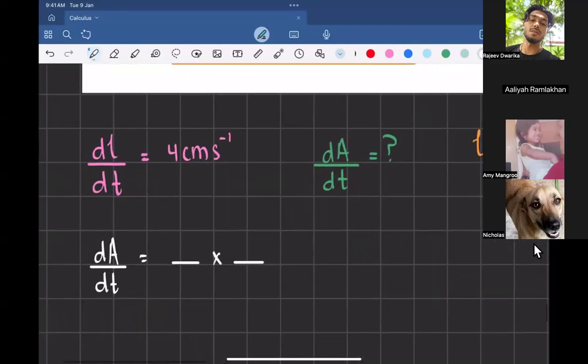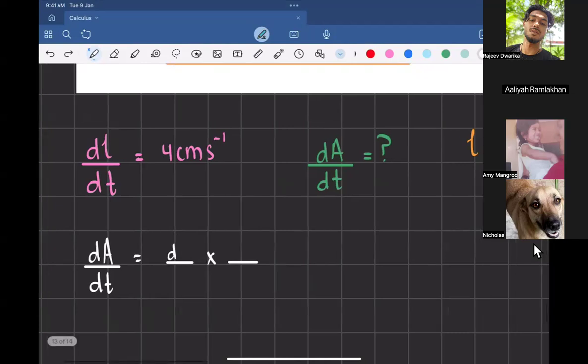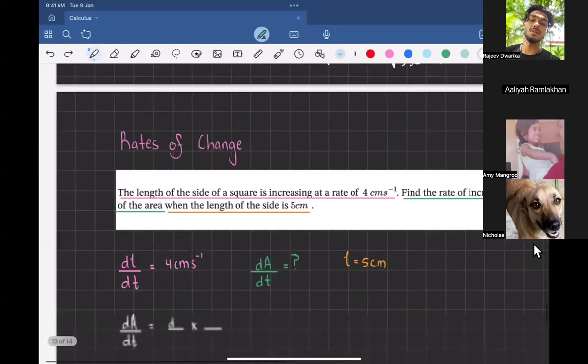If you wanted to get dA dt, what would you need to have over here? What has to go here? dA. Yes, dA.